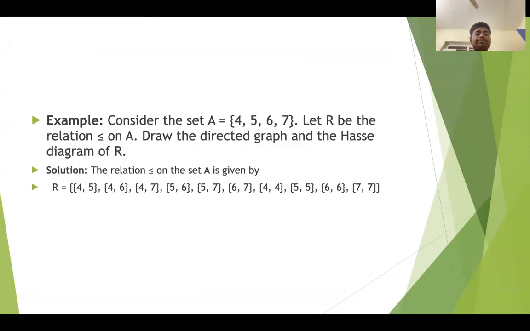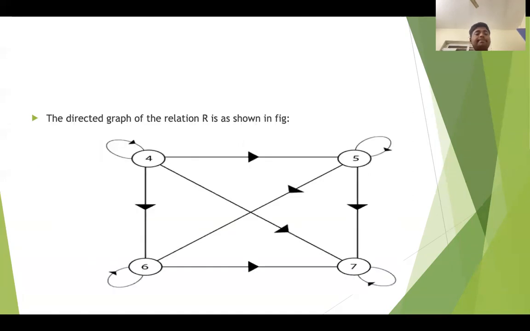For example, consider the set A = {4, 5, 6, 7}. Let R be the relation on A. Draw the directed graph and the Hasse diagram of relation R. The relation on set A is given by (4, 5), (4, 6), (4, 7), (5, 6), (5, 7), (6, 7), (4, 4), (5, 5), (6, 6), (7, 7).